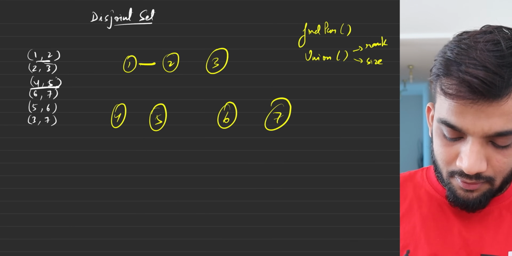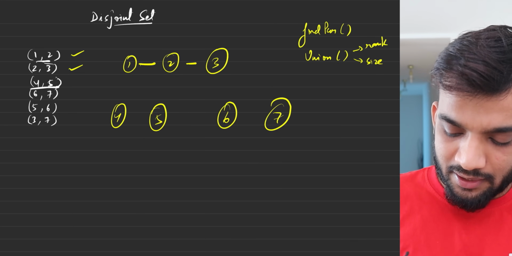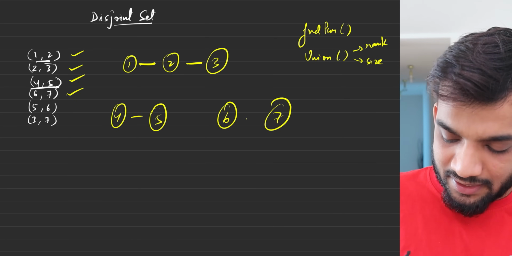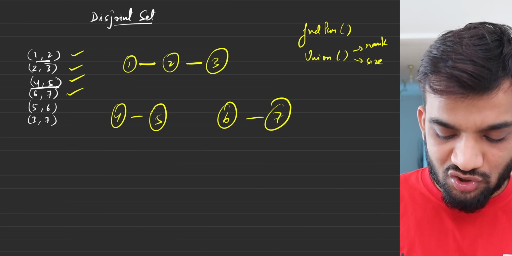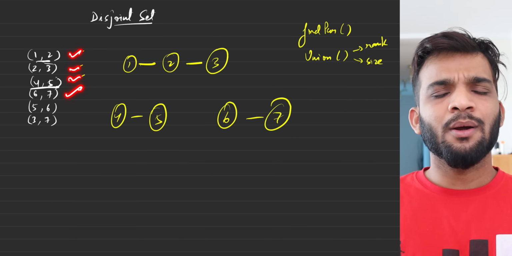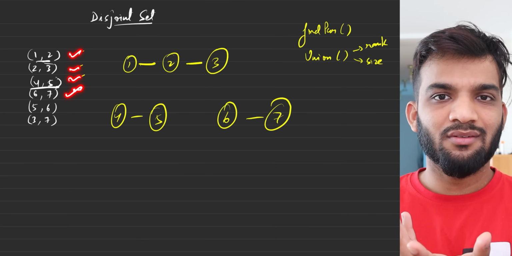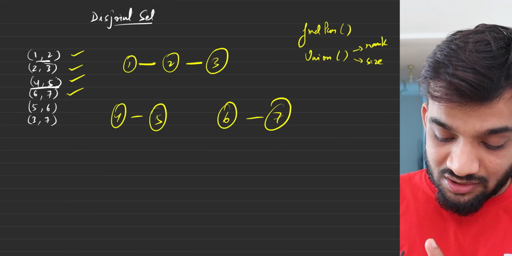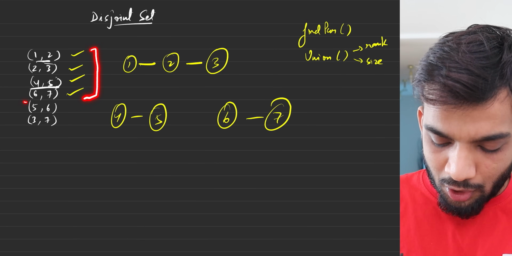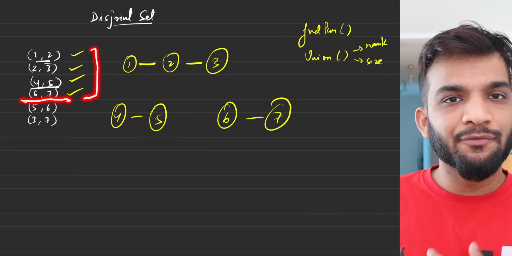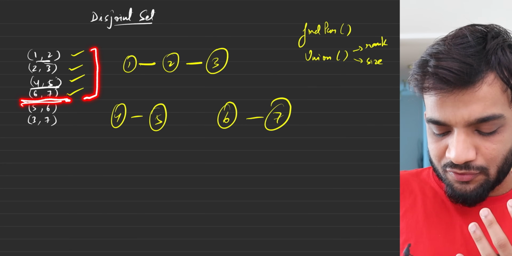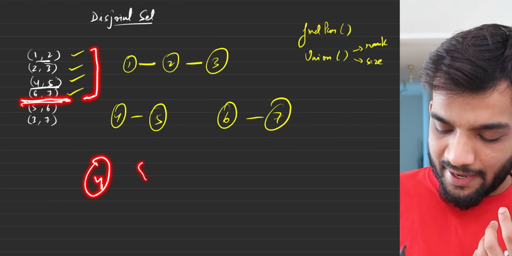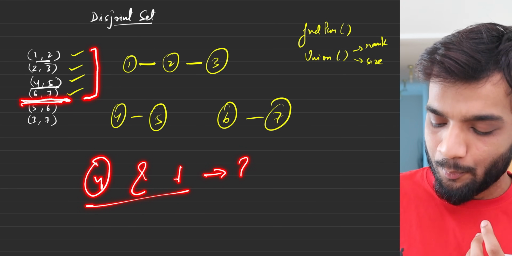So what I'll do is I'll go and connect. Okay, done. Next, 2 and 3, connect 2 and 3. Next, 4 and 5, connect 4 and 5. Next, 6 and 7, connect 6 and 7. So you see the graph is changing at every instant. But you'll be like, but Striver, wait, this is how graph is formed. But what happens here is if I stop the formation over here and I give you a question where after this formation, I suddenly ask you, hey, does 4 and 1 belong to the same component or not?